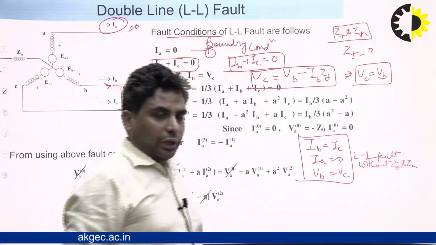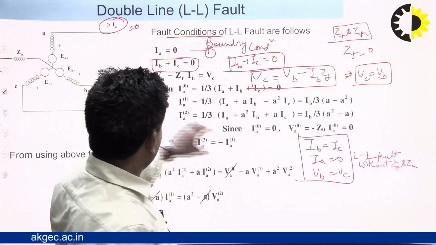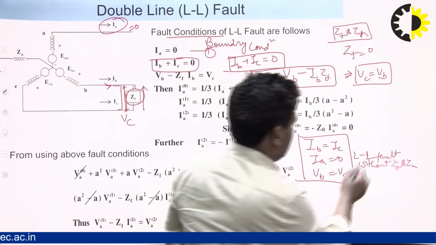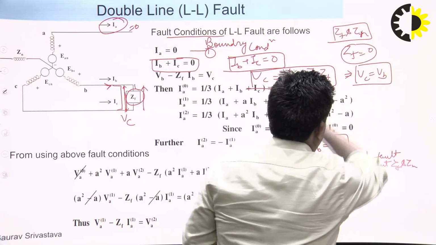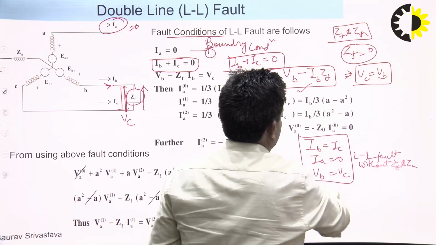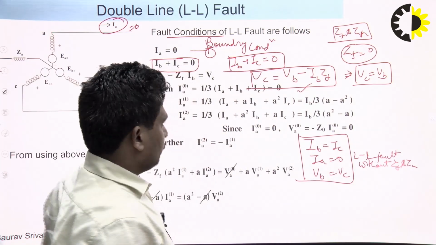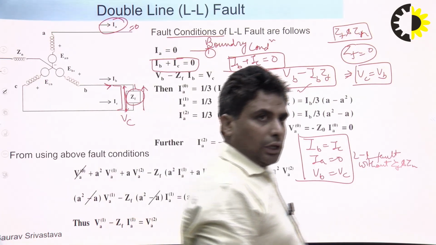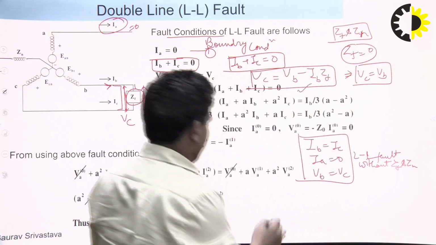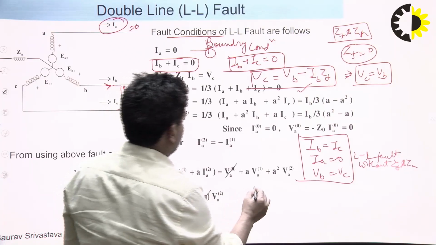When we include the fault impedance, the equation becomes as shown; otherwise VB is equal to VC. Clear?